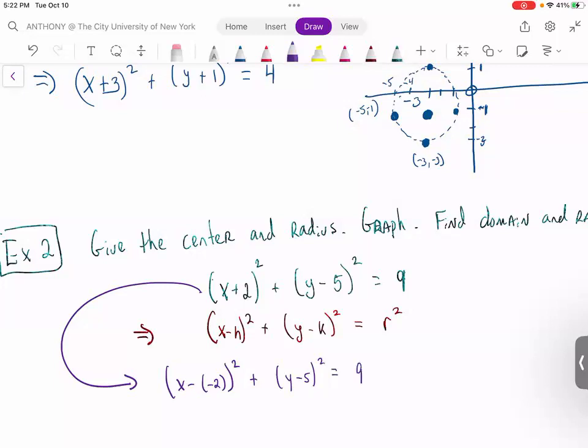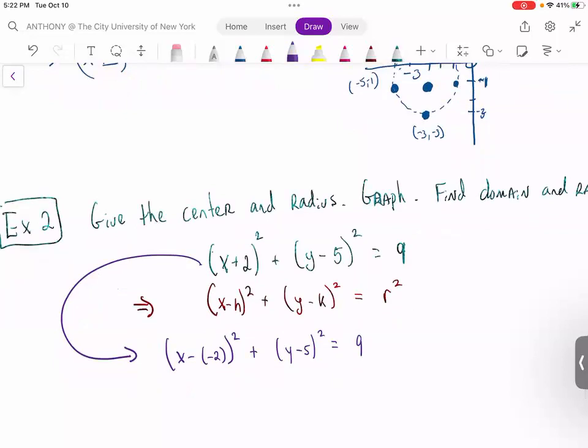Okay. So now you could identify your h and your k. What is my center? What are the coordinates of the center? -2, 5.